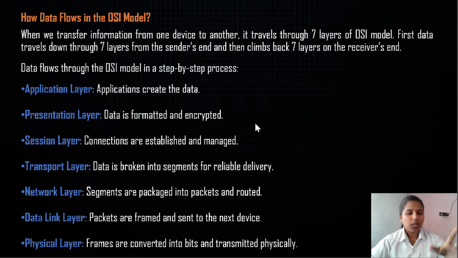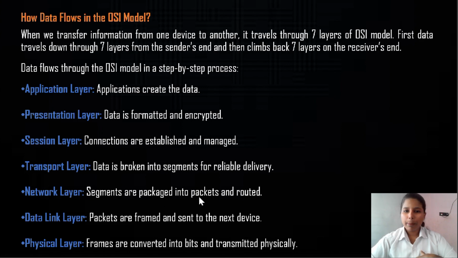Now, to summarize shortly, when we transfer information from one device to another, it travels through the 7 layers of the OSI model. The application layer is where the application is created. In the presentation layer the data is formatted and encrypted. In the session layer the connection is established and managed. The transport layer means the data is broken into segments for reliable delivery.